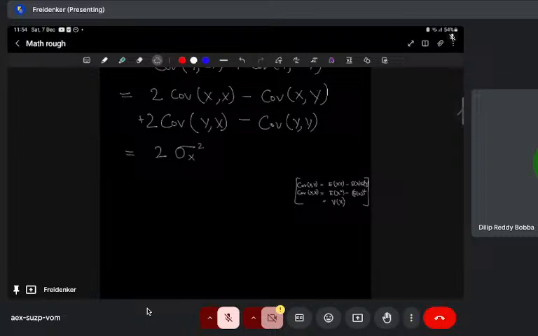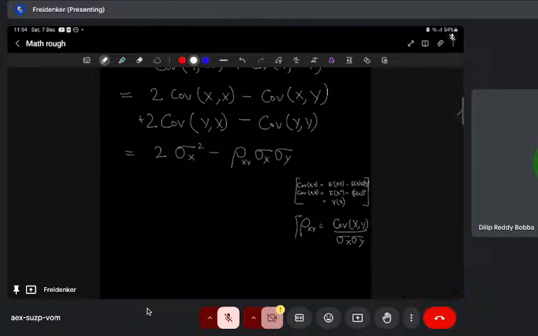Okay, fine. So continuing with this, what is covariance of x and y? It is nothing but the correlation times standard deviations. We saw that because I know that correlation is nothing but covariance of x comma y divided by standard deviation of x, standard deviation of y.